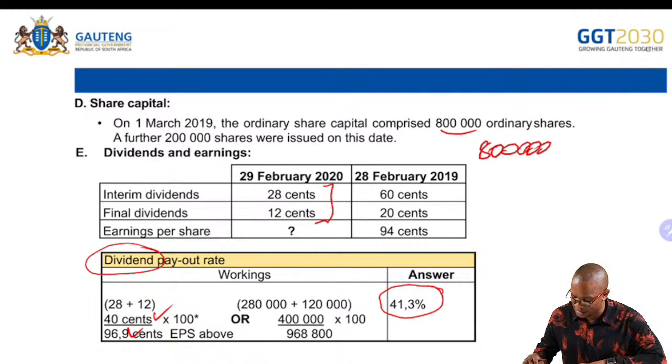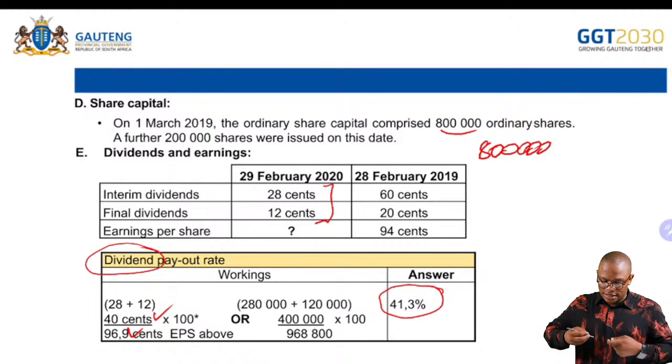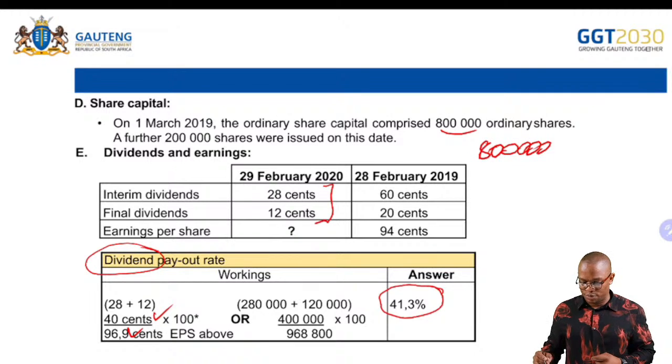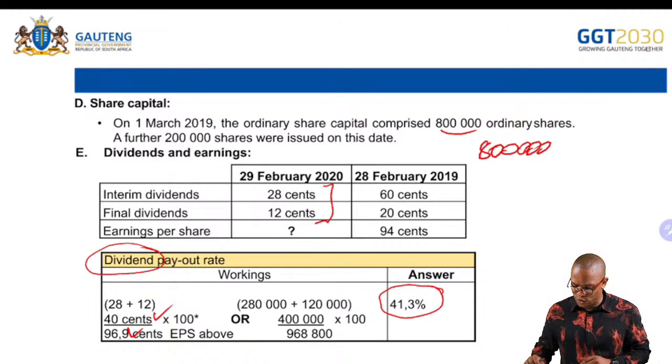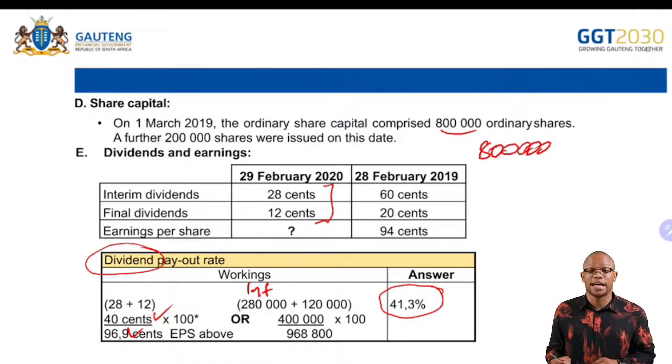Why are we doing that? Because both your interim and your final were given on the last day of the accounting period. So we have 1 million shares. So when you say 1 million shares multiplied by 28 cents, you will get 280. It means this 280, that is your interim, plus now your final is 12 cents.